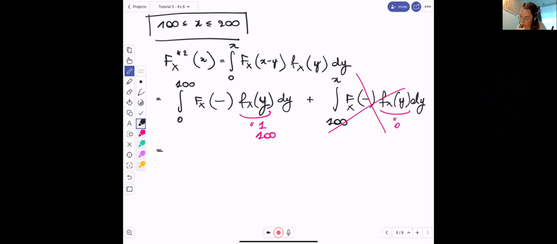Our twofold convolution in this case is equal to the integral from 0 to 100 of our cumulative distribution function times 1 over 100. So this is the formula that we're going to discuss now. Let's have a look at our cumulative distribution function in this case.